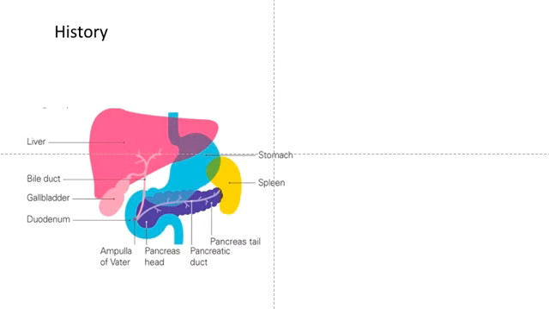I'll suggest that we have done some discussions on key points of how to take the history. With the initial questions you formulate a differential diagnosis, and then you ask the various different questions that will help you come to the conclusion.